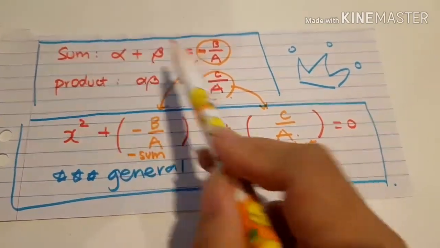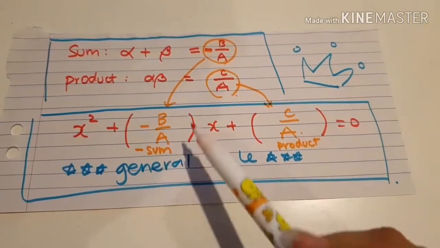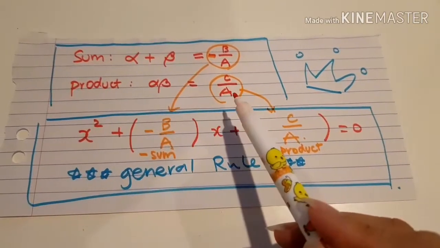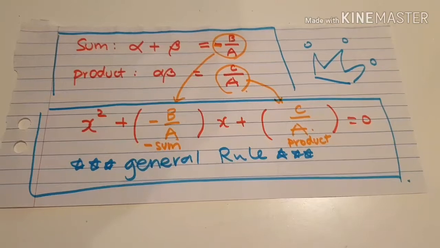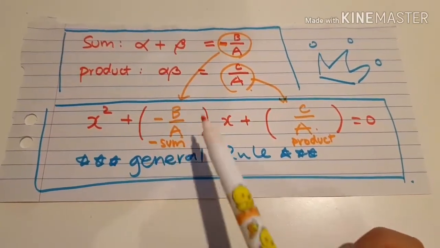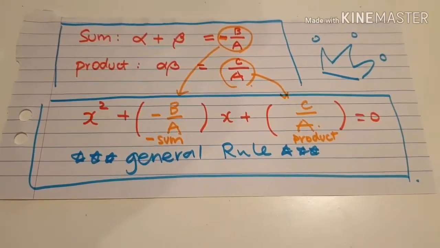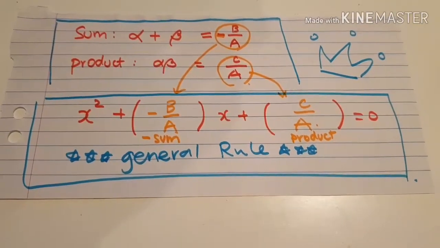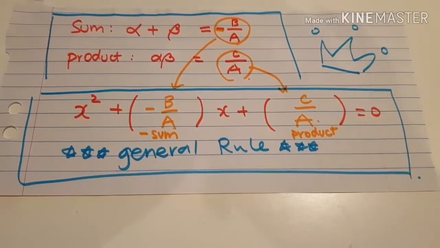So whatever sum of the roots you get, just put a negative and put it in front over here as the coefficient of x, and whatever product you get, just put it in here as the constant, and that will be the general rule. So from the question, either this part or this part will be missing, and it's going to ask you to calculate the value. So this is how you use the sum and the product rules.